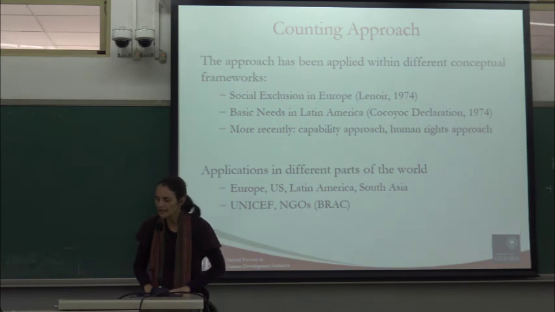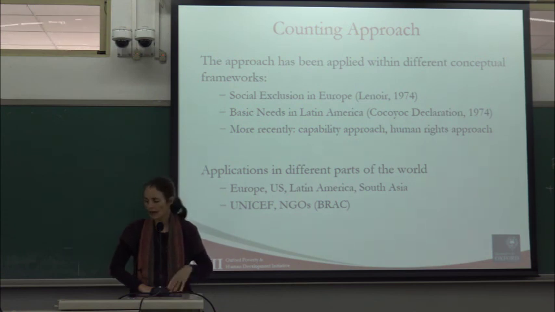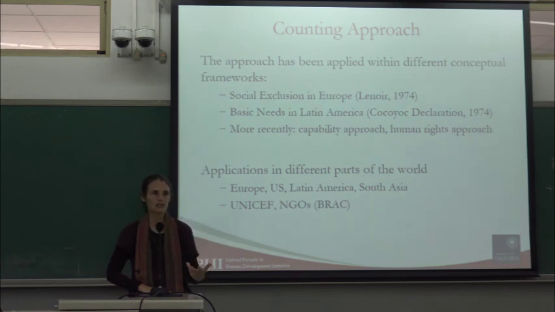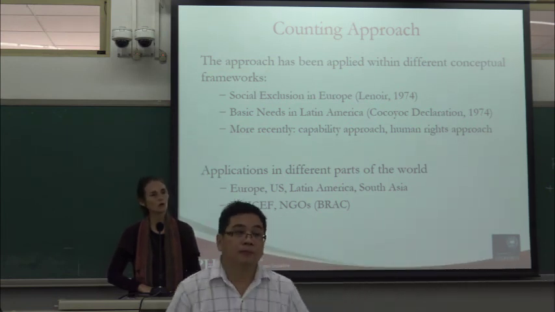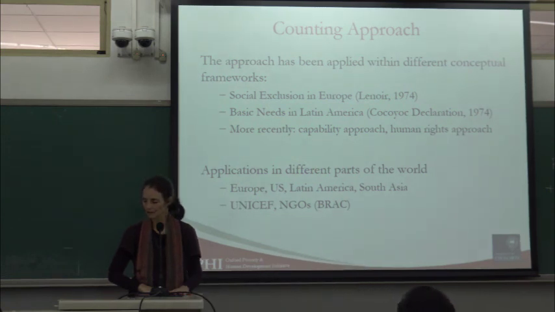In the same year in Latin America, the Cocoyoc Declaration ushered in an era of measuring unmet basic needs. And after the Cocoyoc Declaration, beginning in Chile and then traveling through much of Latin America, unmet basic needs measures were implemented, often using census data, simply counting who is deprived in 1 or more, 2 or more, 3 or more of a list of fixed deprivations.